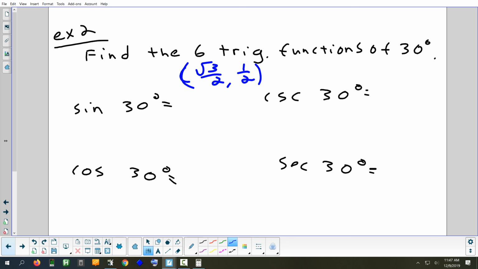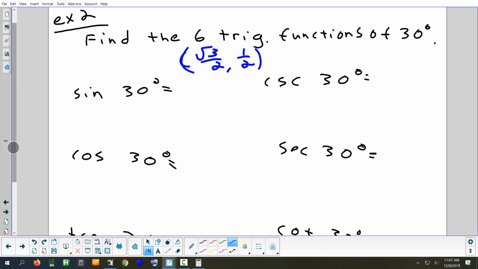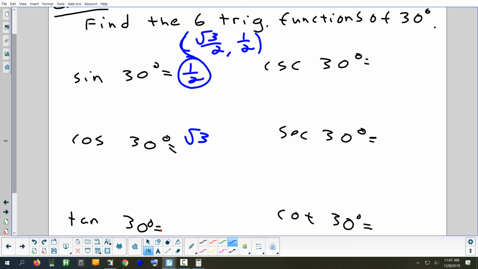You guys basically did a problem like this in part 1, except now I just switched the x and the y. Okay. So Emily, what's my sine? 1/2. What's my cosine? Caleb? Square root of 3 over 2. Yep. And my tangent?